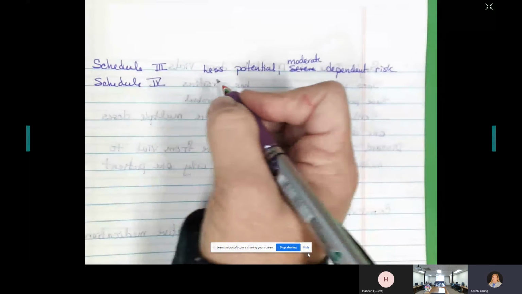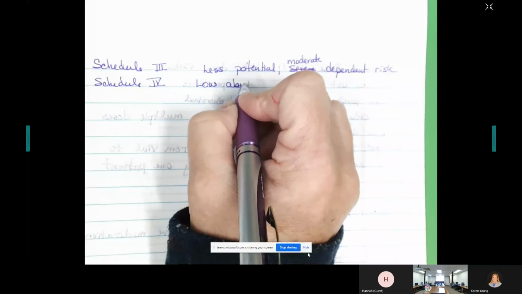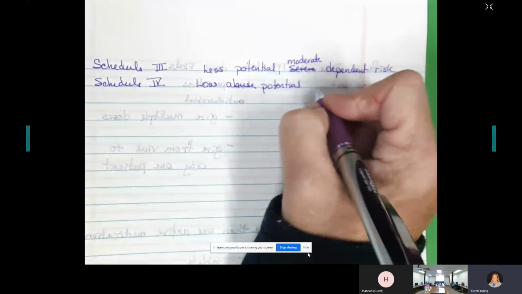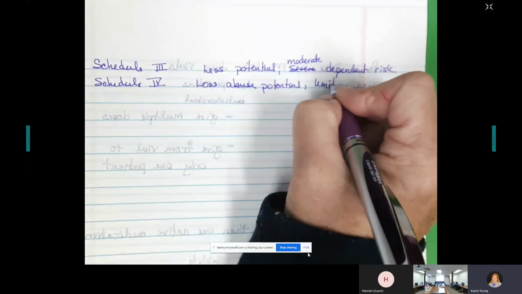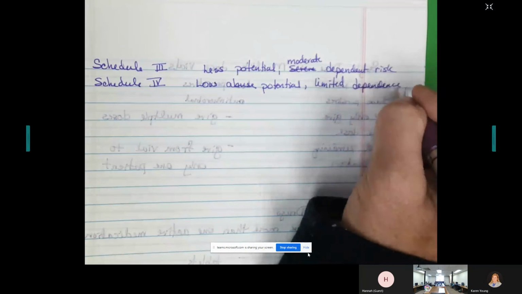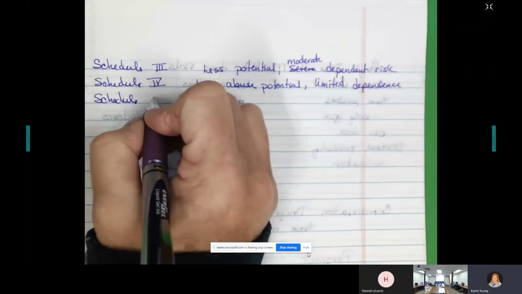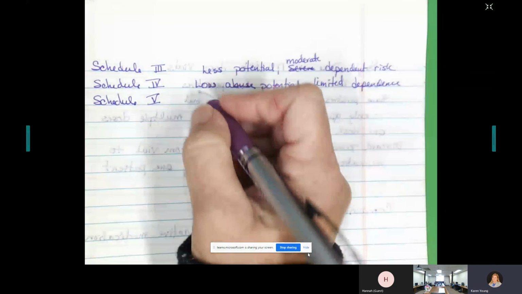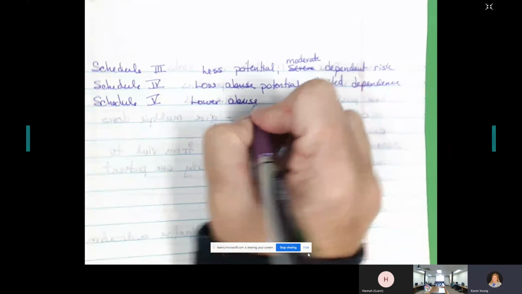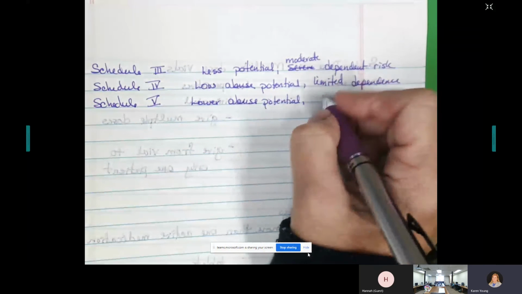And a schedule 4 has a low abuse potential and a limited dependence. And Schedule 5 has a lower abuse potential and a limited dependence.